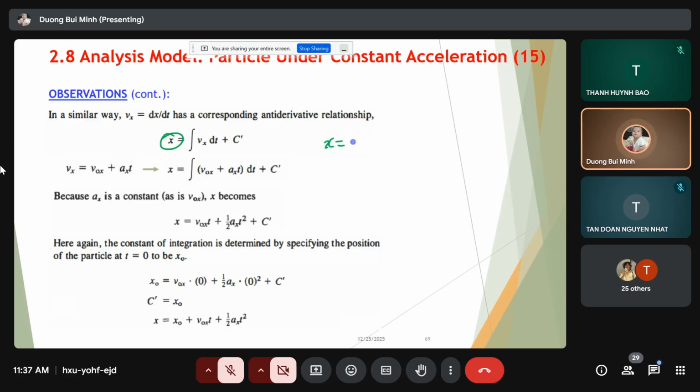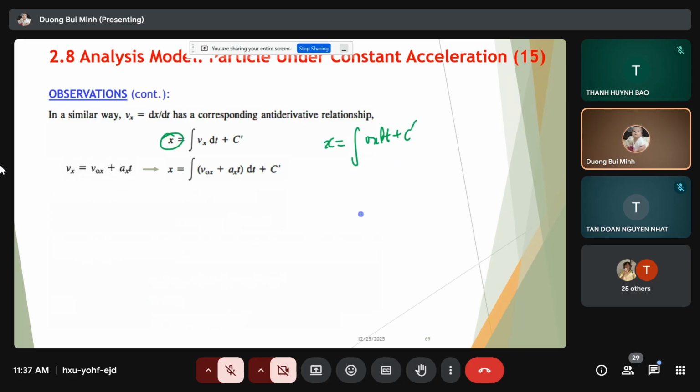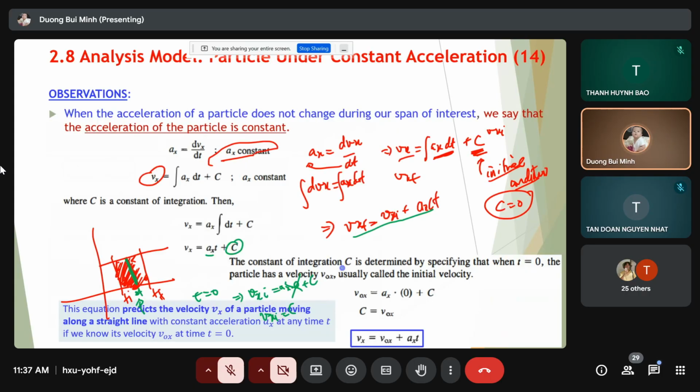And then similarly, we have x. We have x is the integral of vx dt plus c prime. What is c prime?